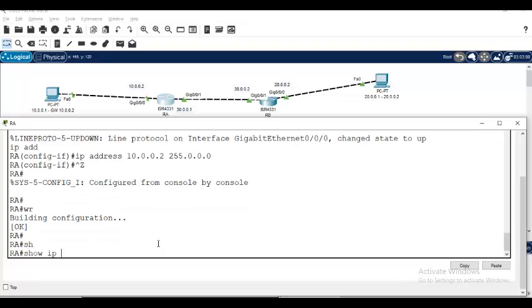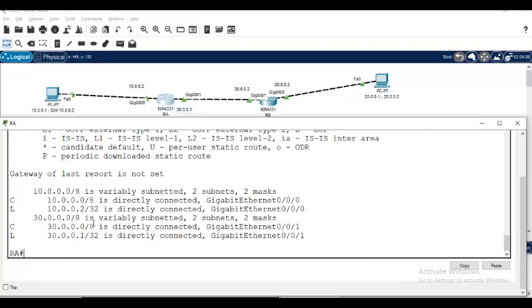It shows there are two networks, only C, the one which has got alphabet C. How many networks are you connected to? Two networks, 30 and 10. What is that L? L means local IP address on the routers. One is 10.0.0.2, the other one is 30.0.0.1. Doesn't matter. Don't worry about that one. Don't think too much about that one. It's an IP address on the port.